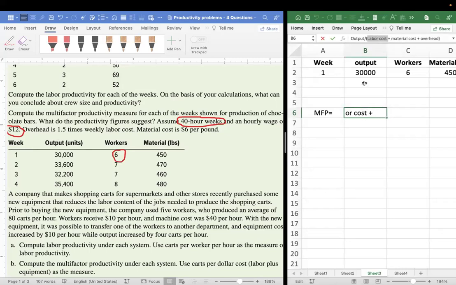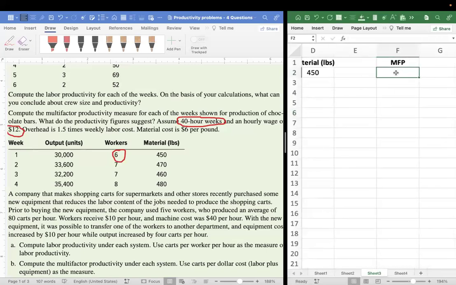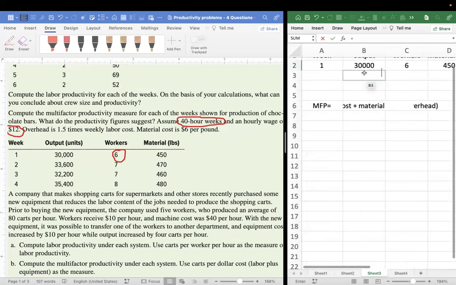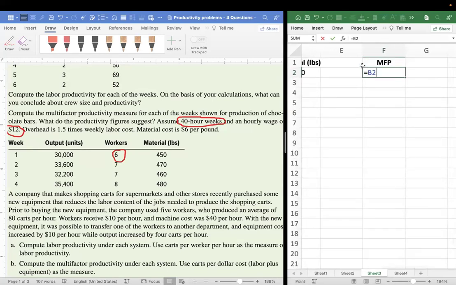Okay, let's do it. Multi-factor productivity is equal to output first, which makes up the numerator, 30,000, divided by, let's say first, labor cost.